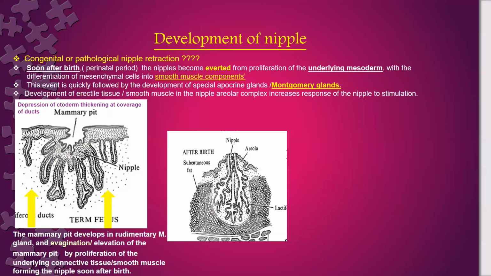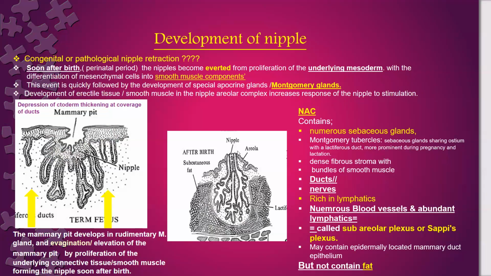It is rich in lymphatics and vessels, but devoid of fat, and the skin contains sebaceous glands and Montgomery glands, ducts, nerves, numerous blood vessels, and abundant lymphatics, called the subareolar plexus. It may contain epidermally located mammary duct epithelia, but it is devoid of fat.